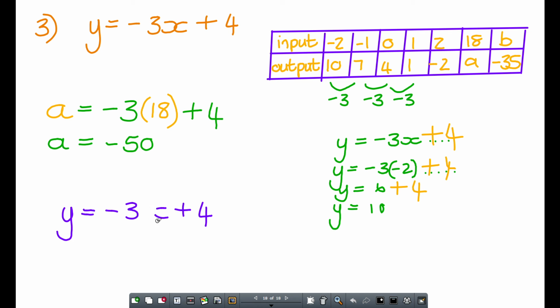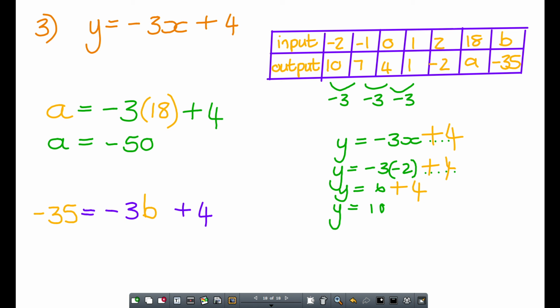So instead of x, I'm going to write B. Now, my output value is minus 35, and output is usually my y value. So instead of y, I'm going to say minus 35. Who doesn't get that part? So can you see I use the same equation every time? All I do is, instead of x or instead of y, I substitute in whatever was given.